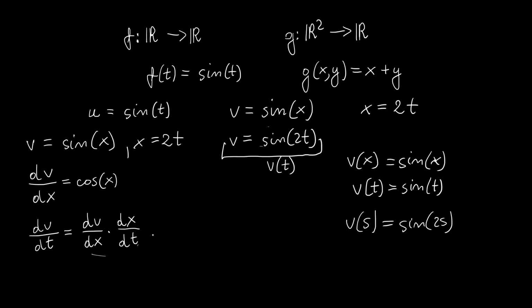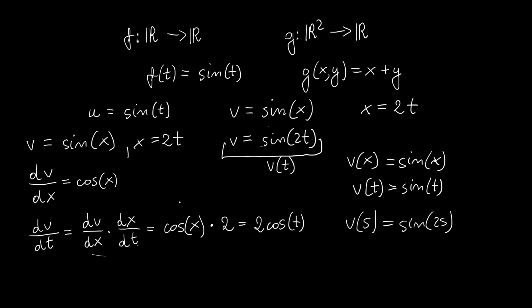Everything has one dimension, so there is simple multiplication of derivatives, and now it goes like that: cosine of x times 2, because derivative of x with respect to t is 2, and if we want to express everything by t, it will be 2 cosine of t.